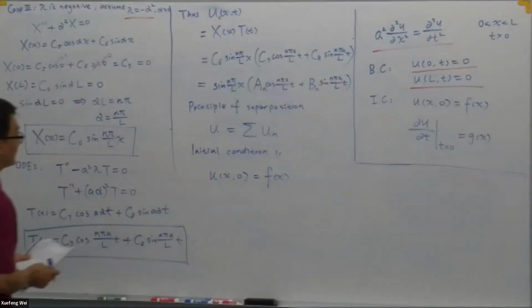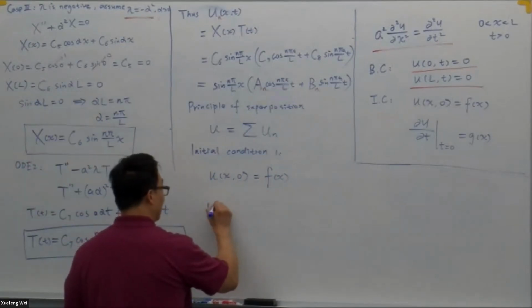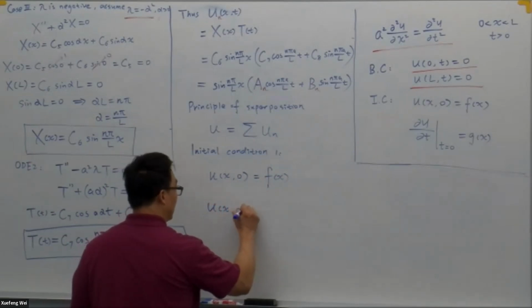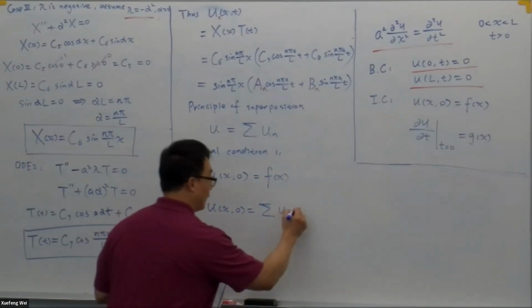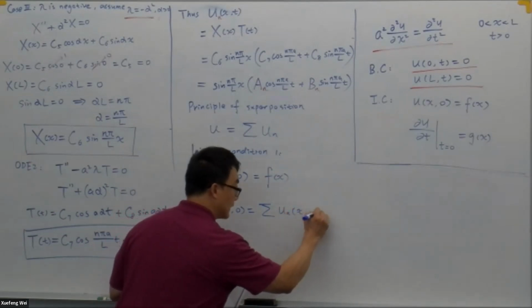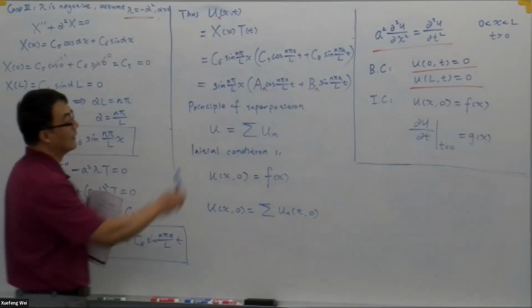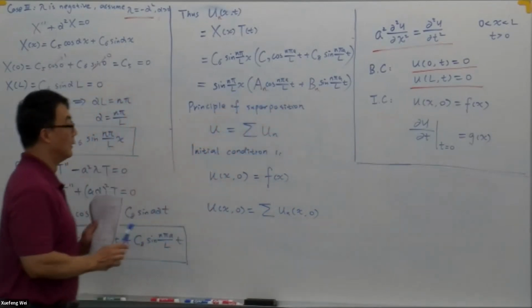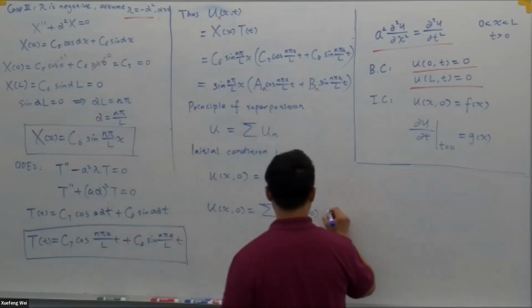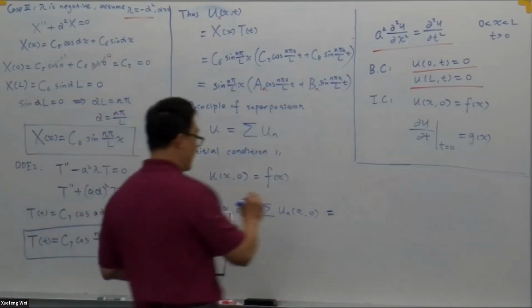So what is u(x,0)? It is the summation of all the u_n(x,0), when t equals 0. So what is that? When t equals 0, this cosine is 1.